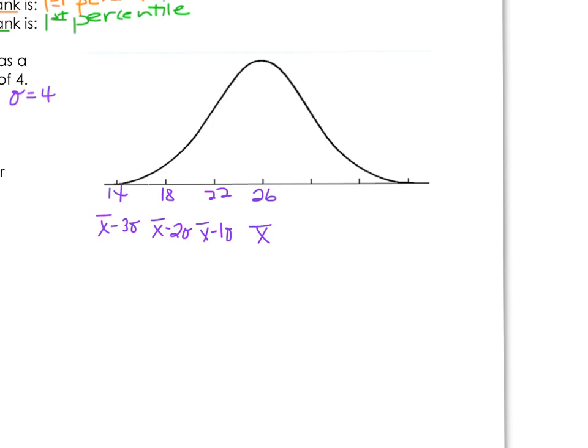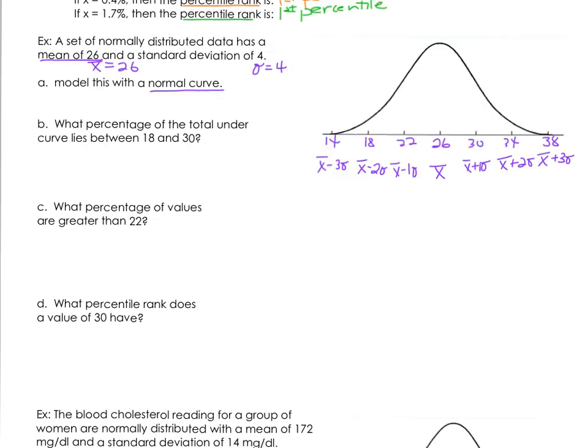Let's do the same thing on the other side. Instead of subtracting 4, we now add 4. The first dash, 1 standard deviation, is 30. 2 standard deviations gets us to 34. And 3 standard deviations brings us up to 38. There's the breakdown of our normal curve with actual data points.